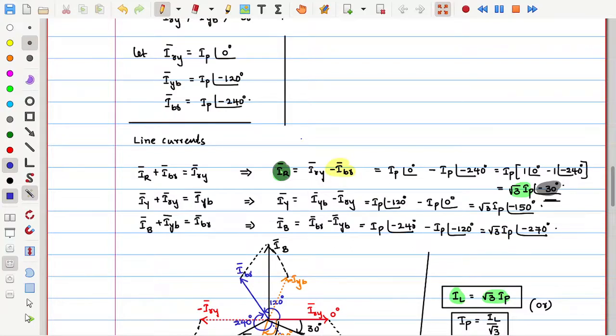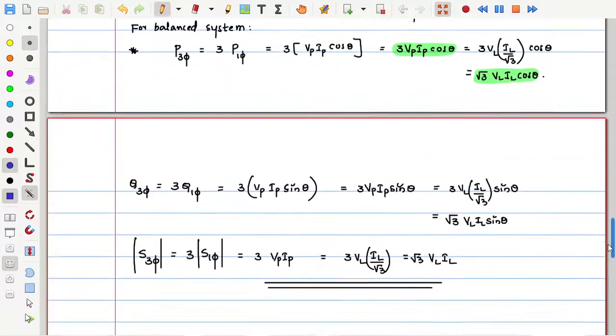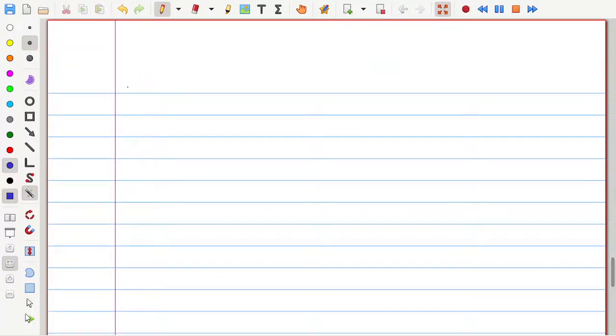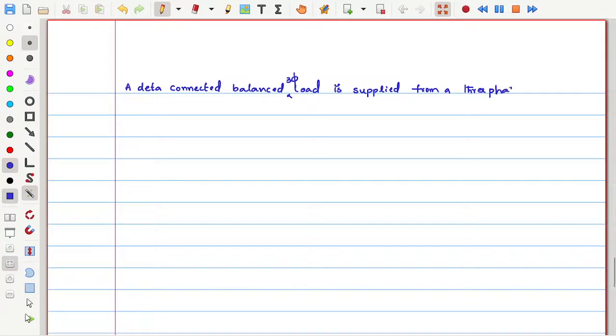Let me write the problem here. A balanced delta connected three phase load is supplied from a three phase 400 volts supply.